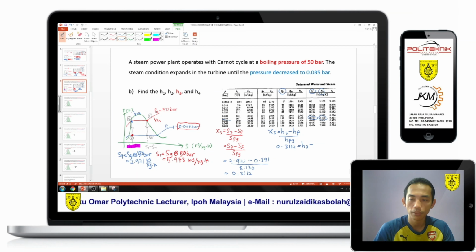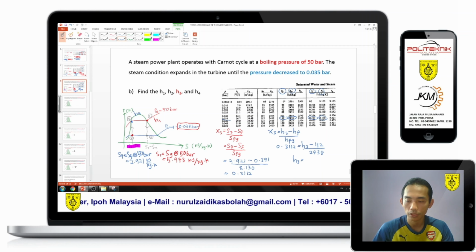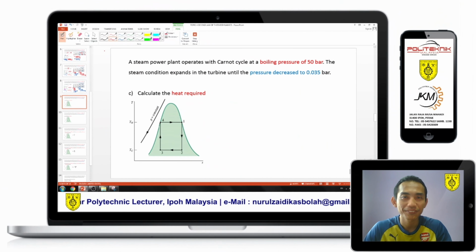Hf, referring to the steam table, is 112, over Hfg, which is 2438. So, we solve the equation. The value for H3 becomes 870.7056 kilojoule per kg.